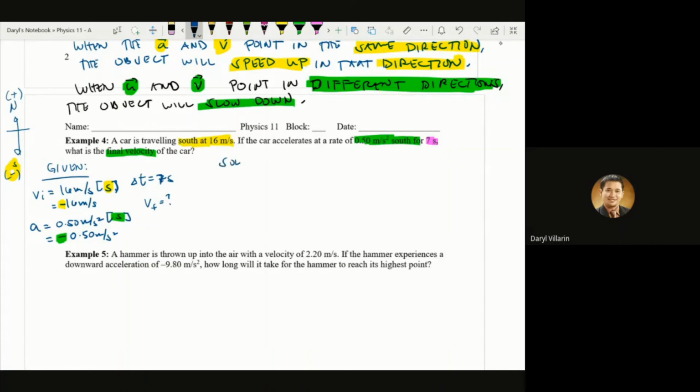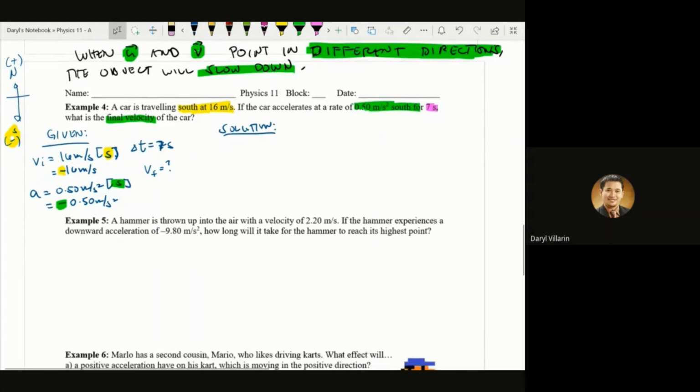So for our solution, we're given the initial velocity, the acceleration, and the time. So this should be the equation that we need to use, the equation for acceleration, a equals change in velocity over delta t. Everything is given except for vf. As I mentioned earlier, if you're comfortable manipulating the equation first, you can do that.